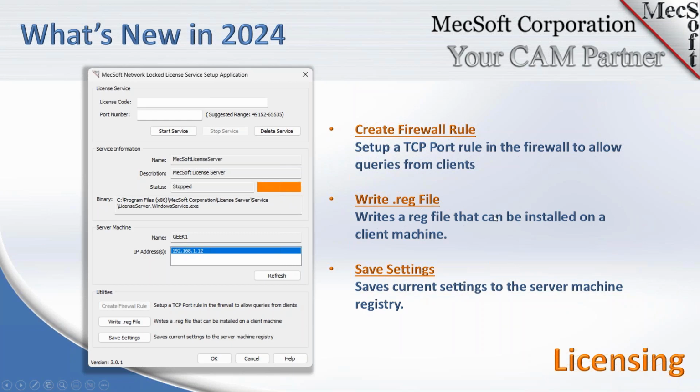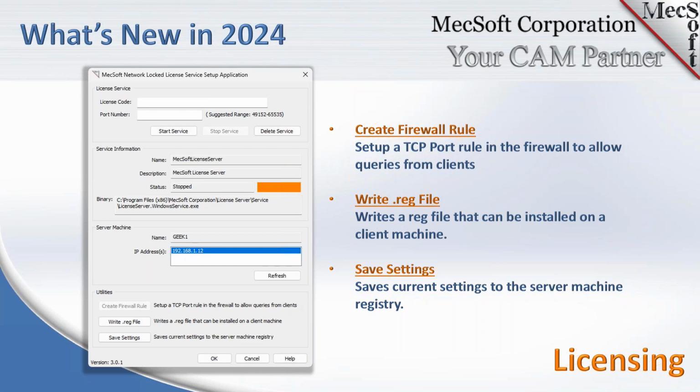Now, this one, Joe, you want to take over and talk about the licensing enhancements? So we've enhanced the licensing for network licensing. This is typically for larger commercial instances as well as educational institutes.